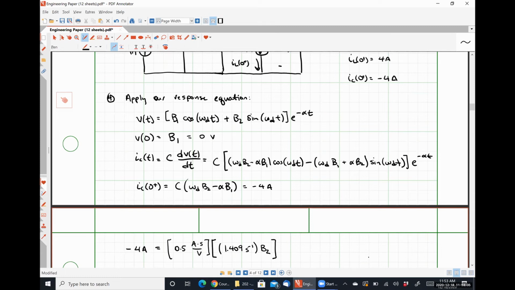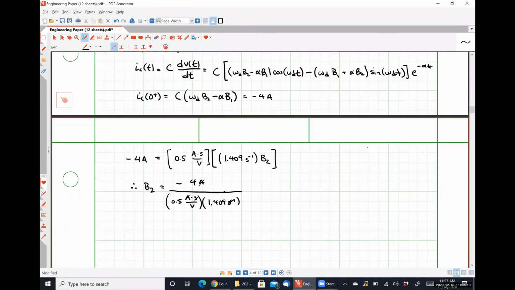So we have -4 over 0.5 times 1.409, which gives us -5.678 volts, if I did my math correctly.